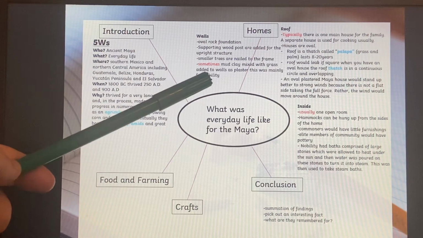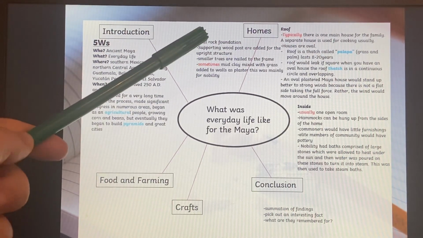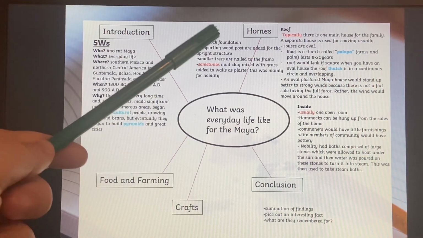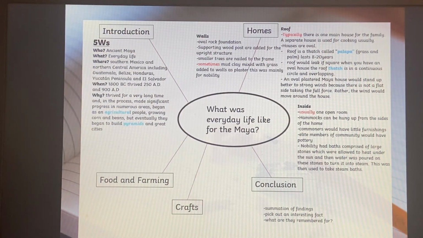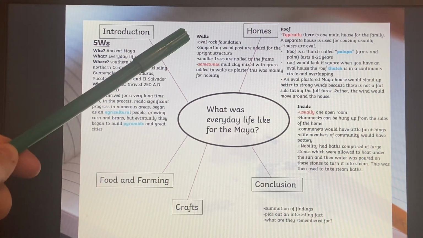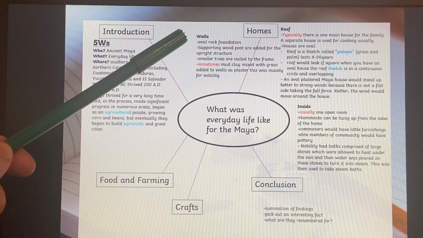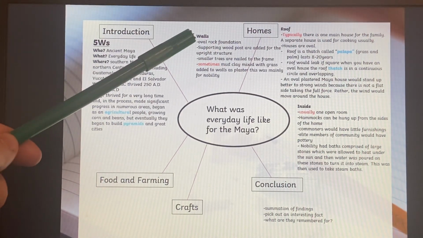But this would mainly be for some of the more noble members of the group. So that I would write is probably one paragraph, and I could use the subheading walls. I might pose that as a question to keep the reader interested. Okay, how were the walls of a house constructed?